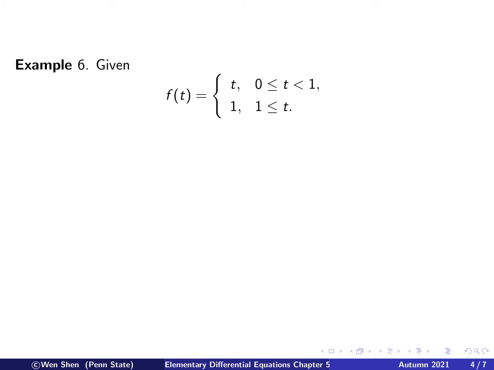So we can sketch the graph of this function, and it's rather simple. This is f of t, and this is t from 0 to 1. It's t, so it's 0 to 1 here, and then when t is bigger than 1 it's constant 1.